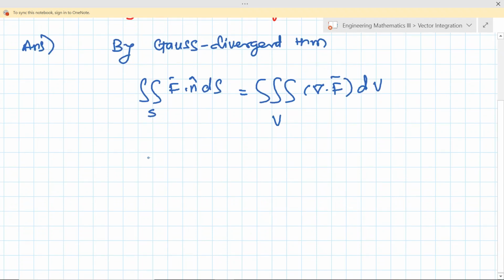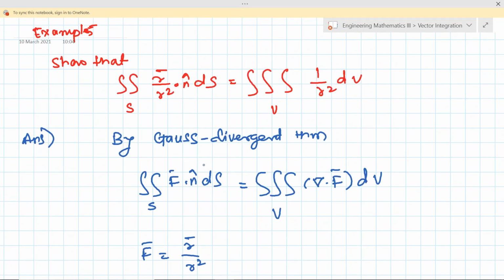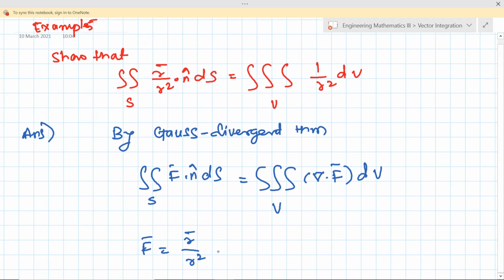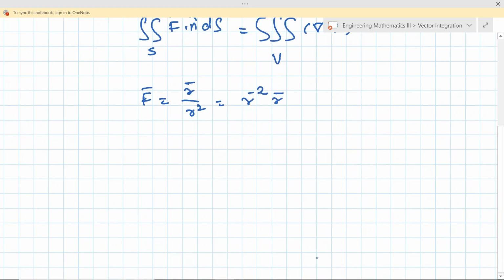My f bar is equal to r bar upon r square, and this is the same as r raised to minus 2 into r bar. The r square goes into the numerator and becomes r raised to minus 2.